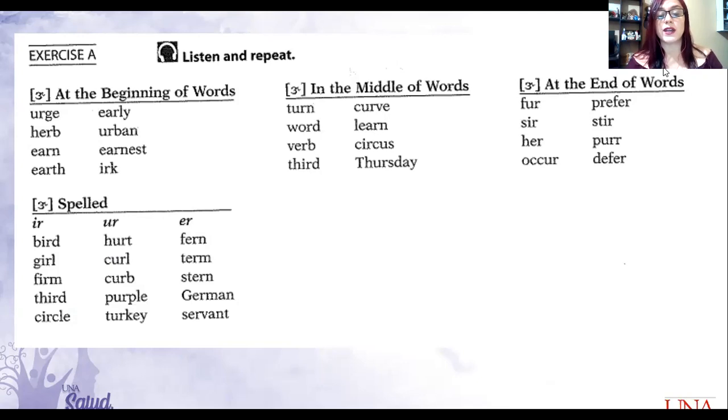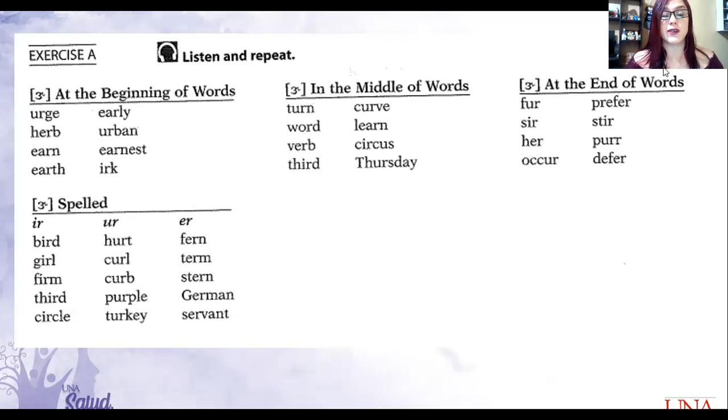Anytime you have a word spelled with the letters IR, like in bird, girl, firm, third, circle, you have the sound. Then we have it also in the spelling with the letters UR, like in hurt, curl, curb, purple, turkey.